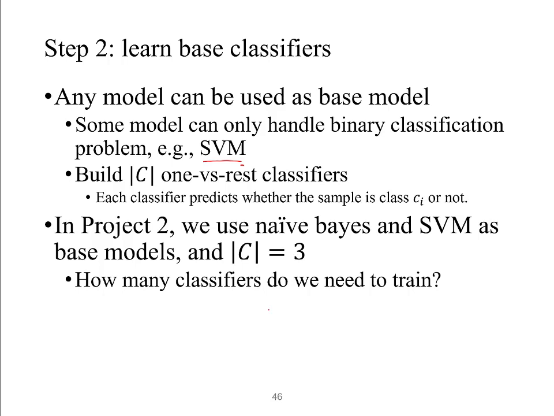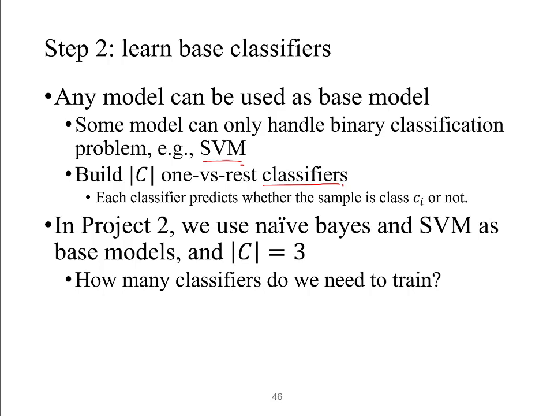Because we actually convert it into three different classifiers, we need to train this many classifiers. In project 2, we use naive Bayes and SVM as base models, and we know that the number of label types is 3. Then how many classifiers do we need to train?